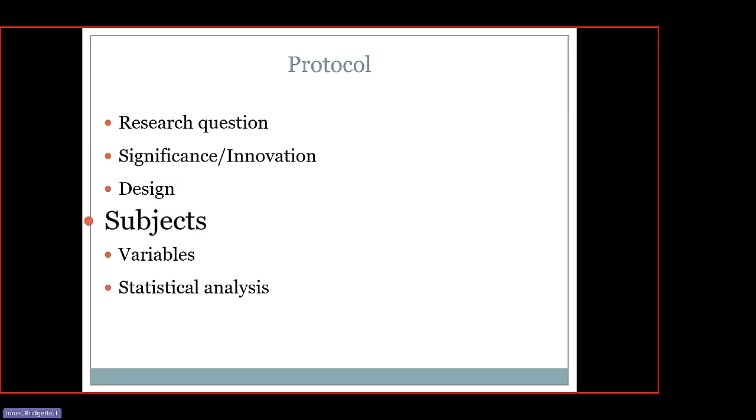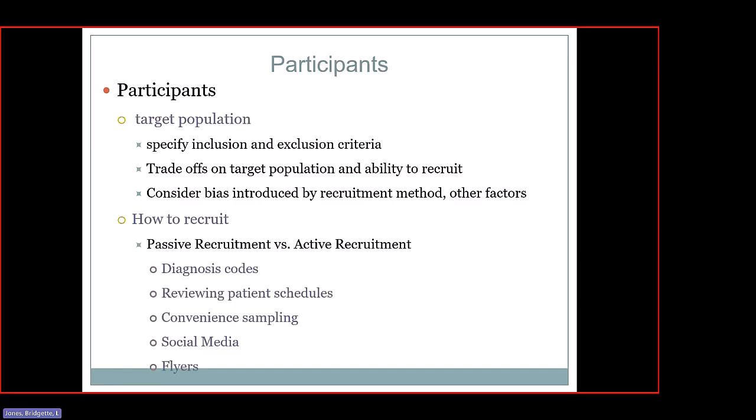Next we'll talk about the participants in your study. That's who you're going to include in your study, your target population, of what you want to look at. If you want to look at children with asthma or vitamin D supplementation, who would you want to include? Which age groups would you want to include?